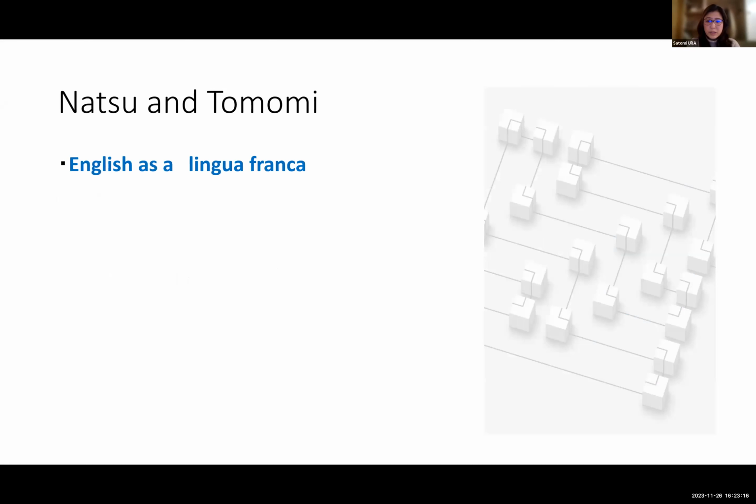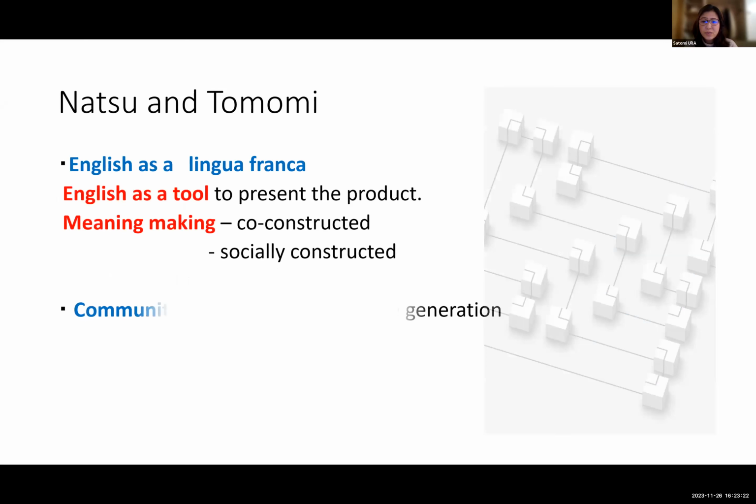Their performance involved actual use of English as a tool, since use of English as a lingua franca often requires making sure of the meaning between speech participants. So Natsu and Tomomi came to realize that the meaning of English is socially co-constructed.